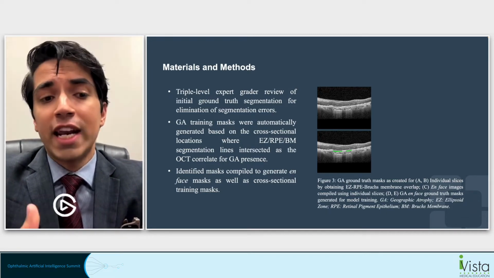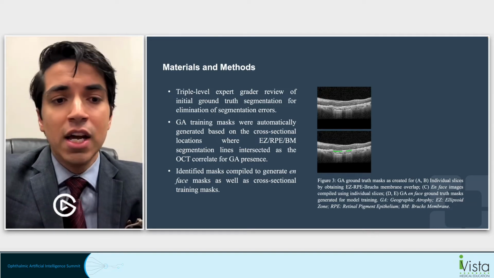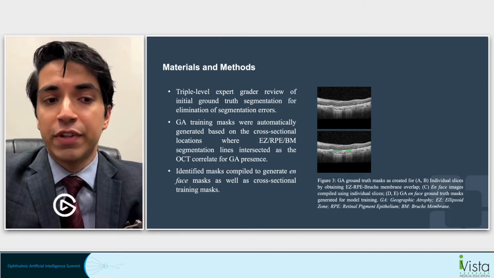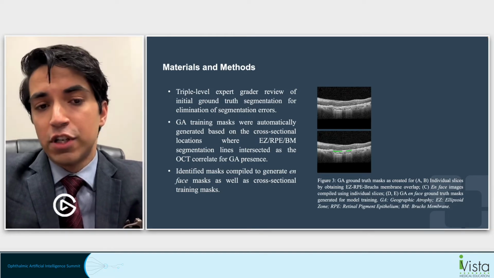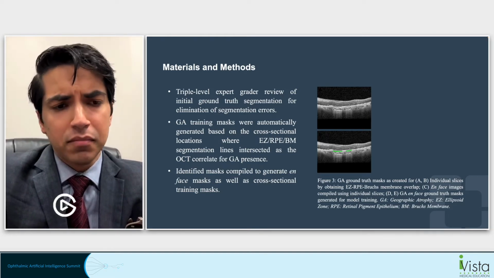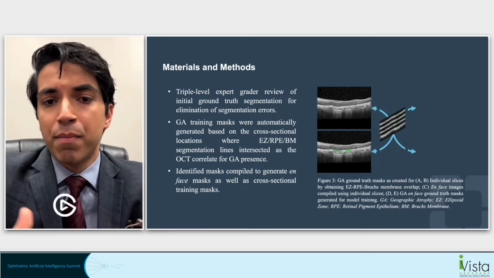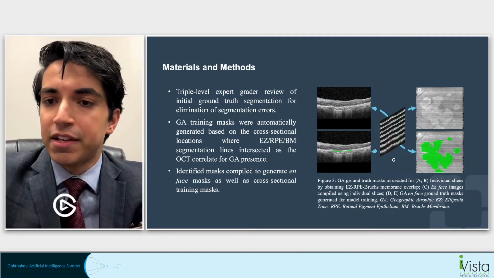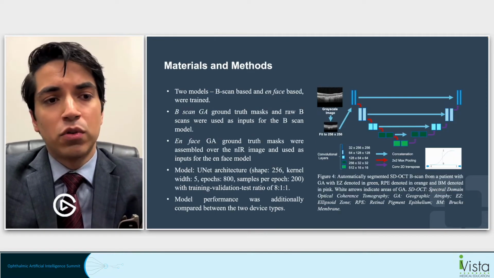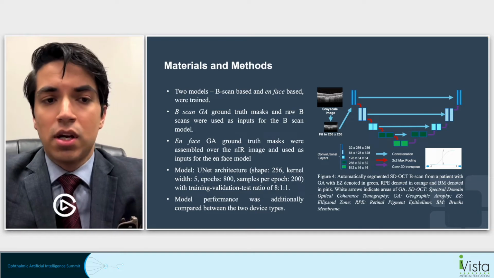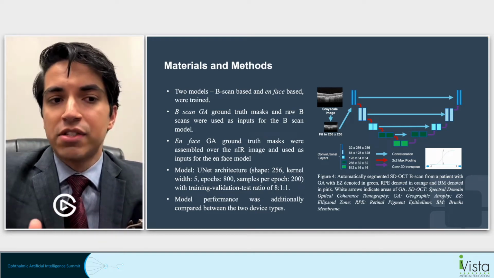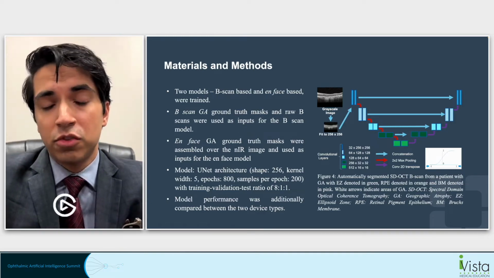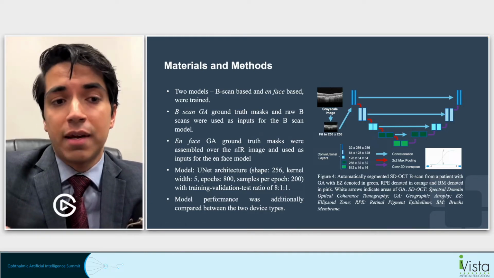Geographic atrophy training masks were then automatically generated based on cross-sectional locations where EZ, RPE, and Bruch's membrane overlap with each other. That was the definition of GA used in this study. Identified masks were then compiled to generate an en face mask as well as a cross-sectional training mask, so that we were able to train two different models. One was based solely on B scans, using B scans as input images and GA masks on B scans as training masks.